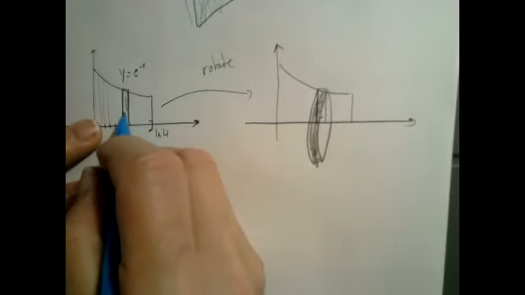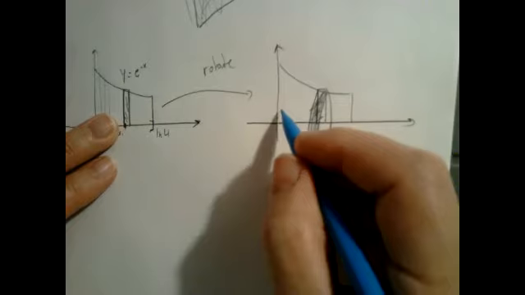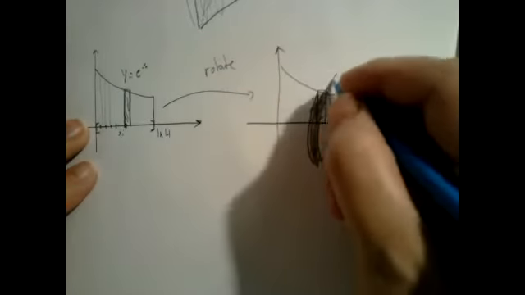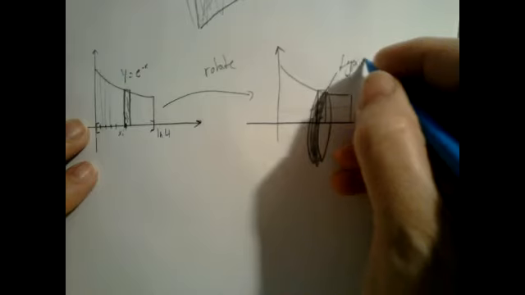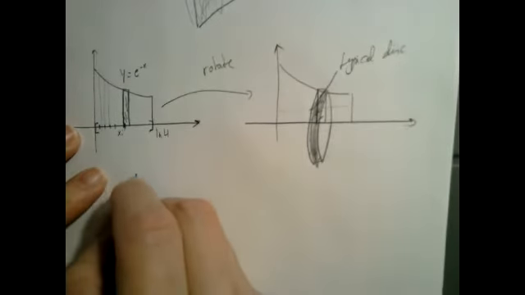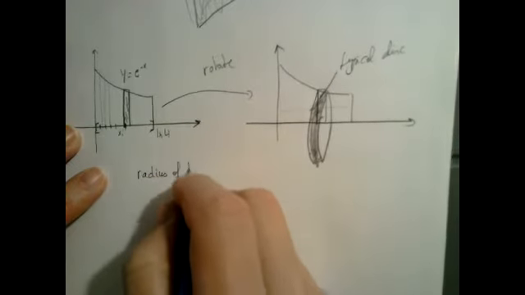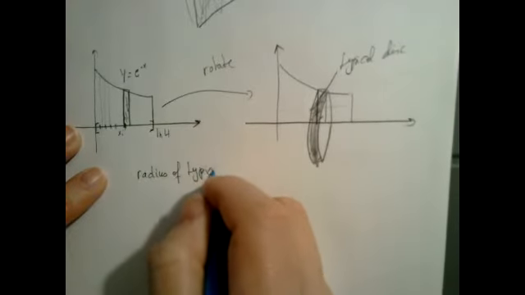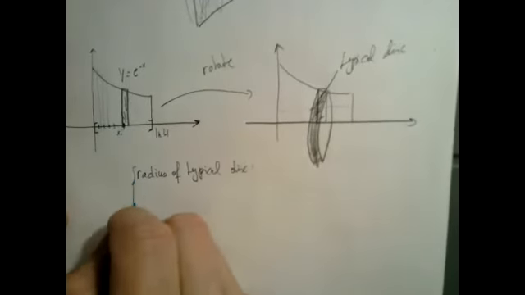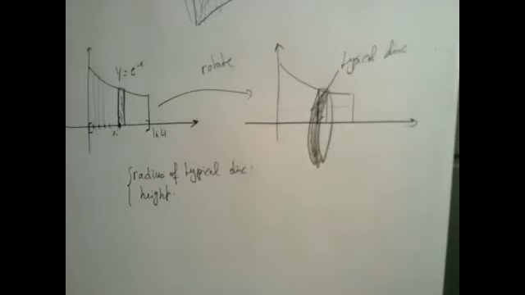So what we're going to concentrate on is a typical disk, find its volume, and then add up the volume of all of them. To find the volume of a disk, we need its radius and we need the height. Once I have those two, we find everything.